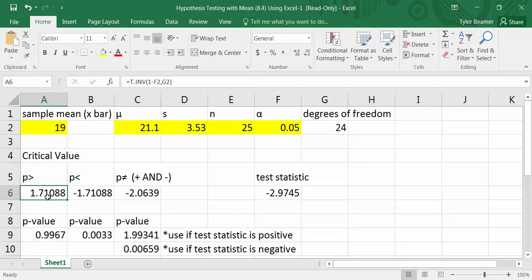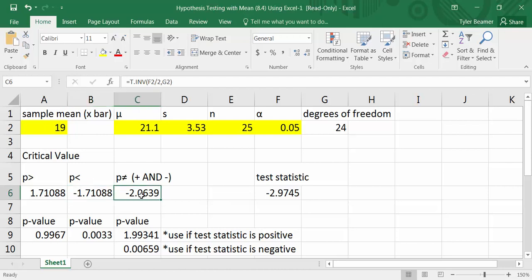This is the t-score that would be needed, in which we would have an area or probability of 0.05 in the right tail of a t-distribution. This is the critical value for less than, which would be the t-score in which we would have an area to the left equal to alpha, 0.05.